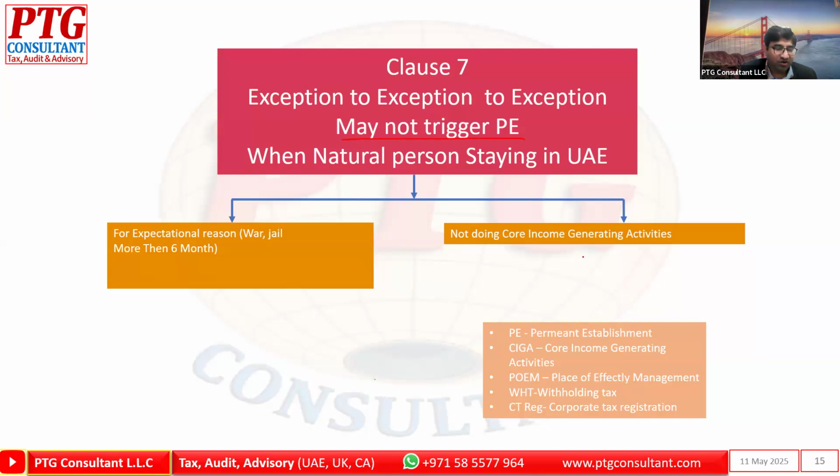Not doing the core activity: even if you are staying in UAE, but you are not doing the main business, main business permanent establishment. Or if due to any criminal activity you are inside jail and not doing the main activity. If this is the condition, that may not trigger the PE.